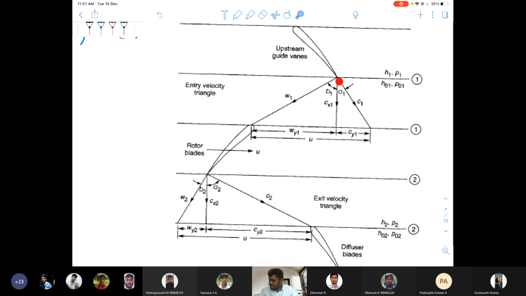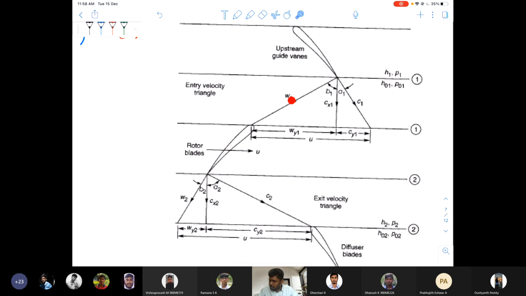In this inlet velocity triangle, you can take an equation for W1 square, that is, this is the hypotenuse, where W1 square will be equal to Cx1 square plus Wy1 square, as per Pythagoras theorem.